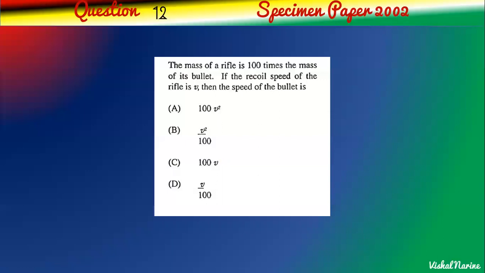Question 12. So I'm seeing some different responses.